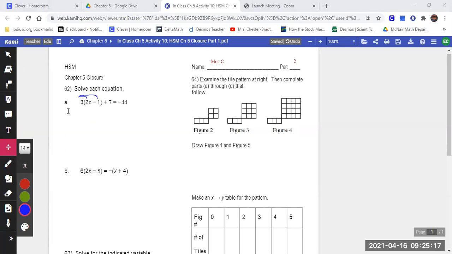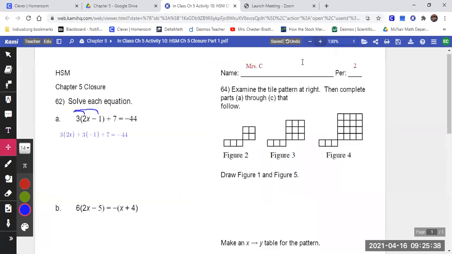Yes, that we're going to show that that 3 is going to multiply times each piece. So 3 times the 2x plus 3 times the -1 plus the 7 that was already there equals -44, right? We good with that? That's something we've done before, right?